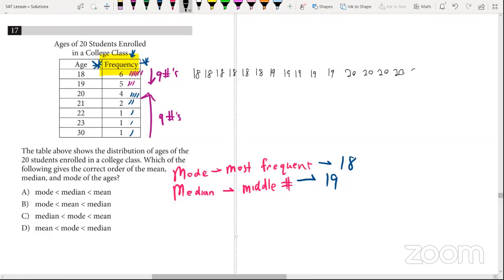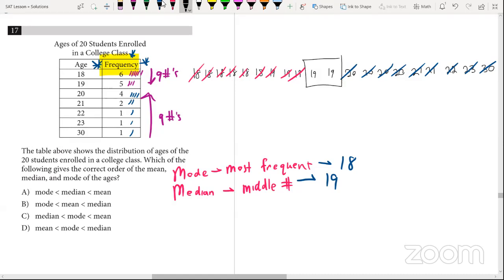We've got 2 21s, 22, one of them, 23, one of them, and 30, one of them. So now, how can we count the median if we have the numbers written out like that? Just count inward. 1, 2, 3, 4, 5, 6, 7, 8. 1, 2, 3, 4, 5, 6, 7, 8. And now we get to the middle. And these are the 2 middle numbers.